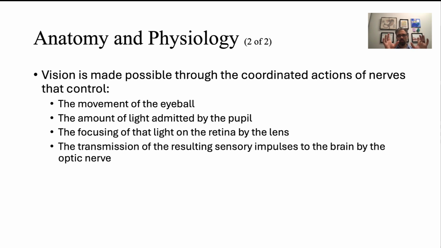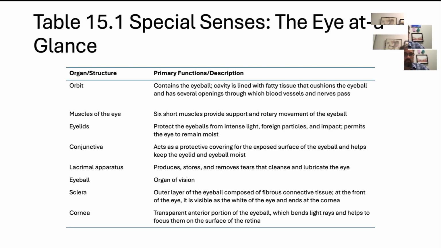You need to also change the amount of light that is going in that pupil, and make sure that you change the shape of the lens to be the appropriate shape to go to where it needs to. And then you take that information as it hits the specialized sensory cells to bring it to the optic nerve. It's complex, but like many of the other special senses, it's a variation on a theme.